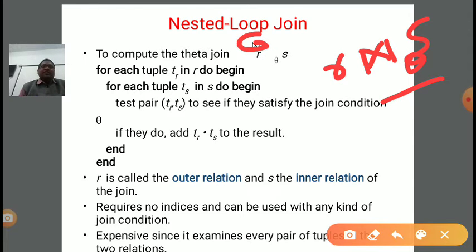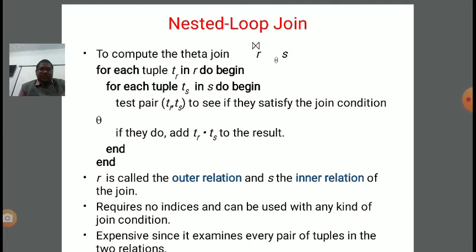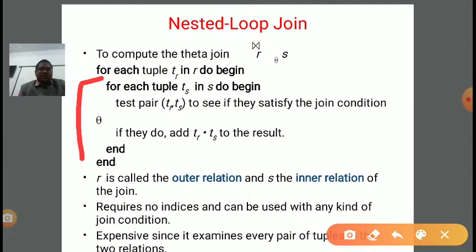Means for every tuple of relation R, we need to perform for all the tuples of S. Suppose relation R has 4 tuples and relation S has 3 tuples. So 4 into 3, there might be a total of 12 tuples in the result. R is called the outer relation and S is called the inner relation of the join.